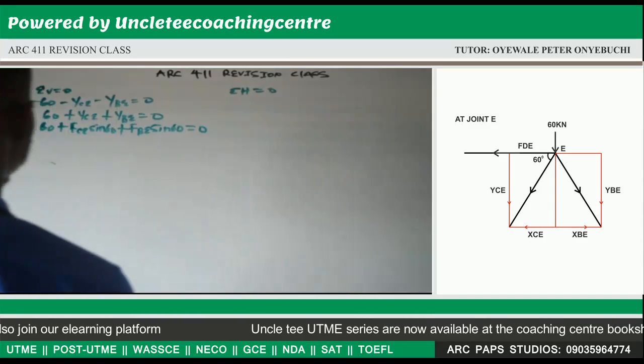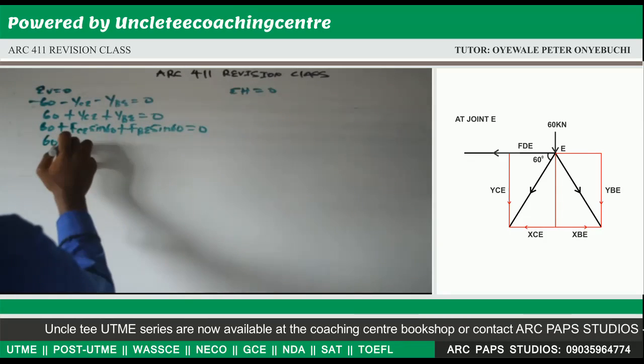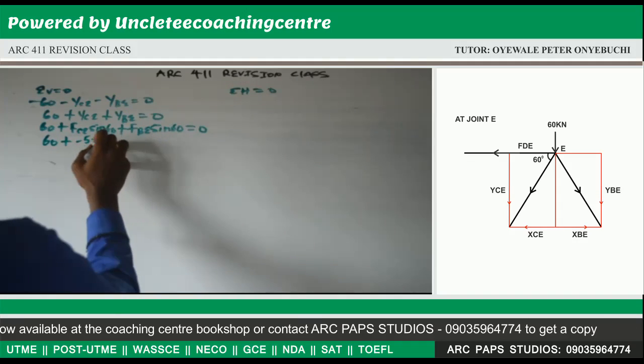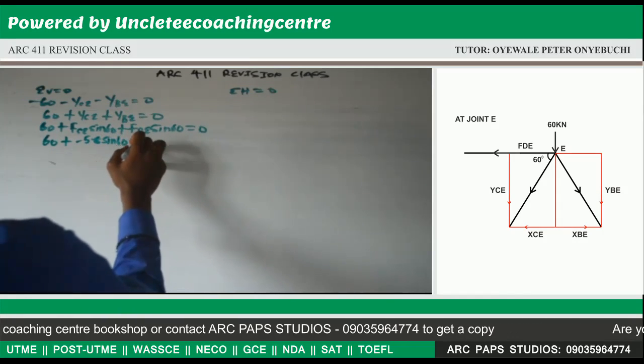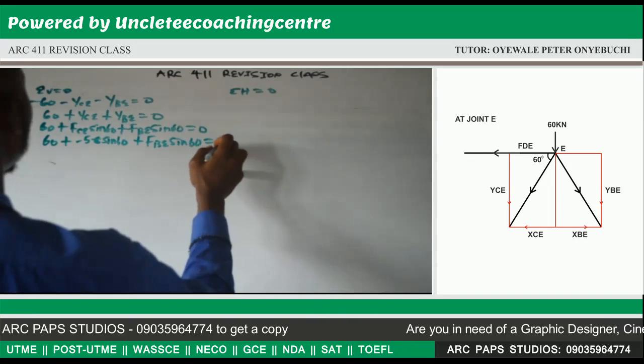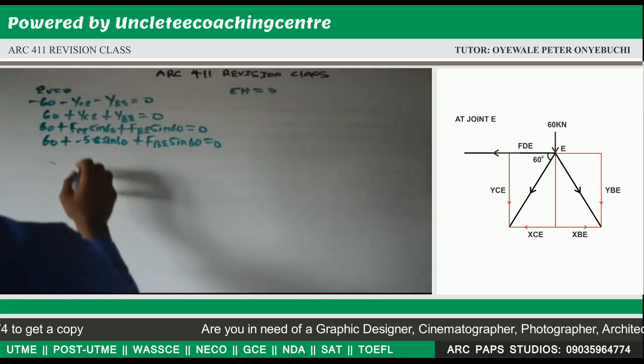Now we know our FCE already. We are looking for our FBE. So this will give us 60 plus our FCE, which is minus 5.8 sine 60 plus FBE sine 60 to give us 0. Now let's make FBE sine 60 the subject of the formula.